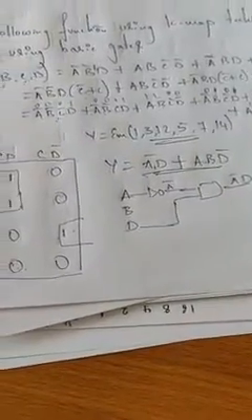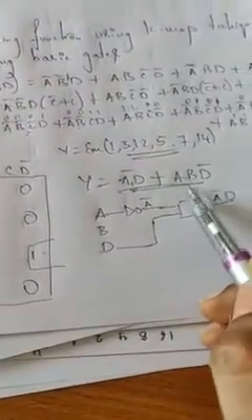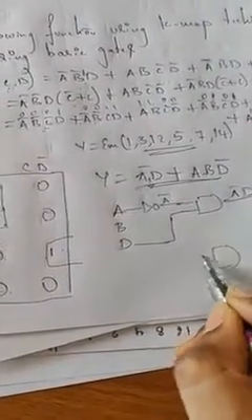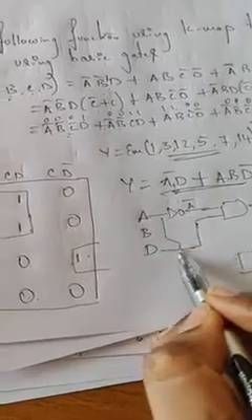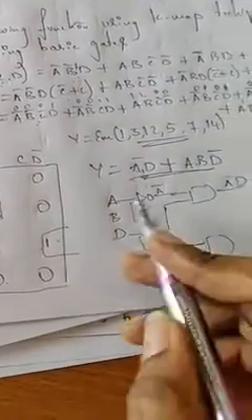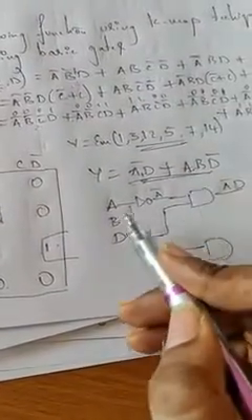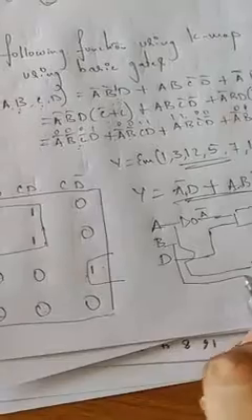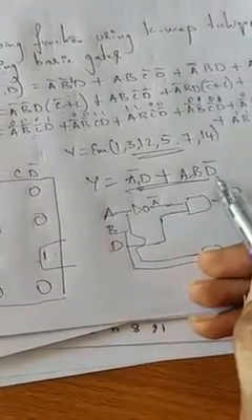Okay. So next you need A B D bar. So you need an AND gate here, a 3 input AND gate. One input is from A. Another input is from B. Another input is from D bar.